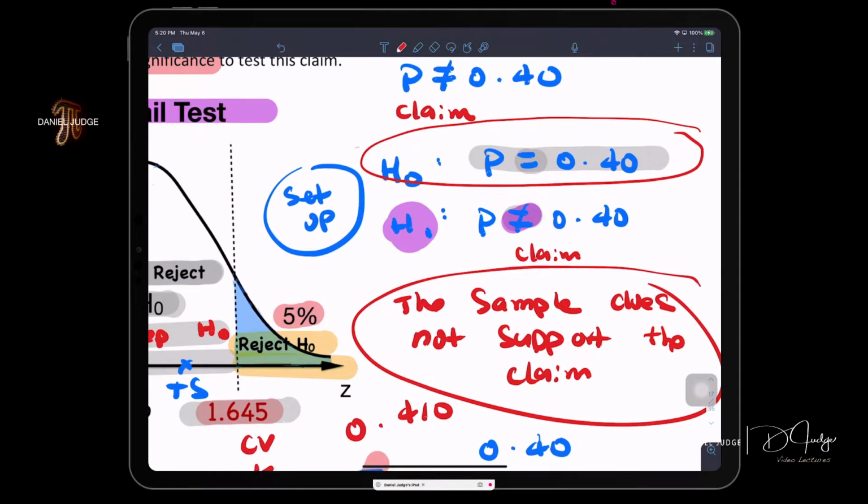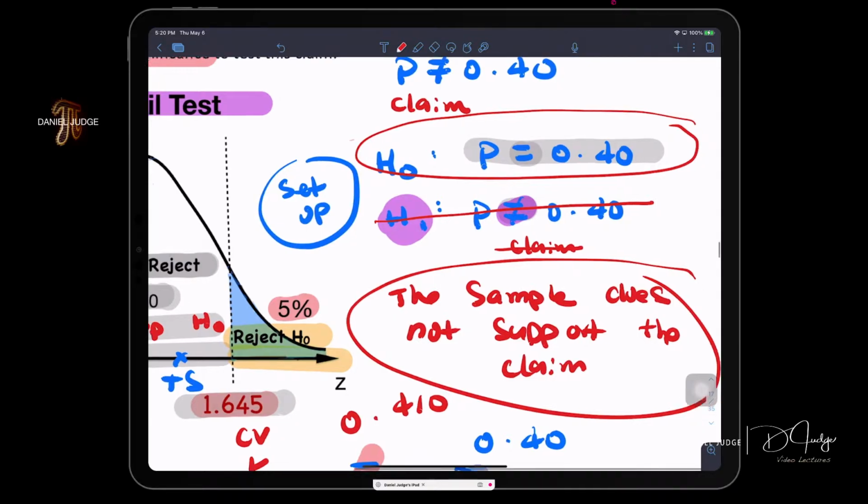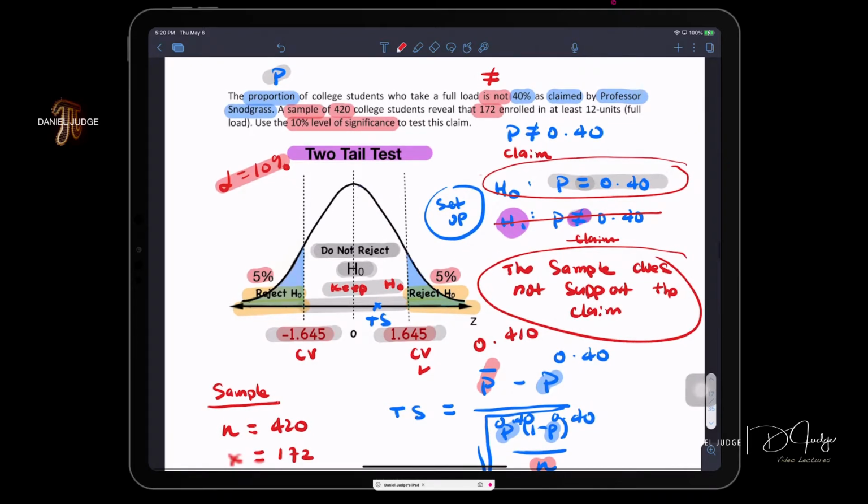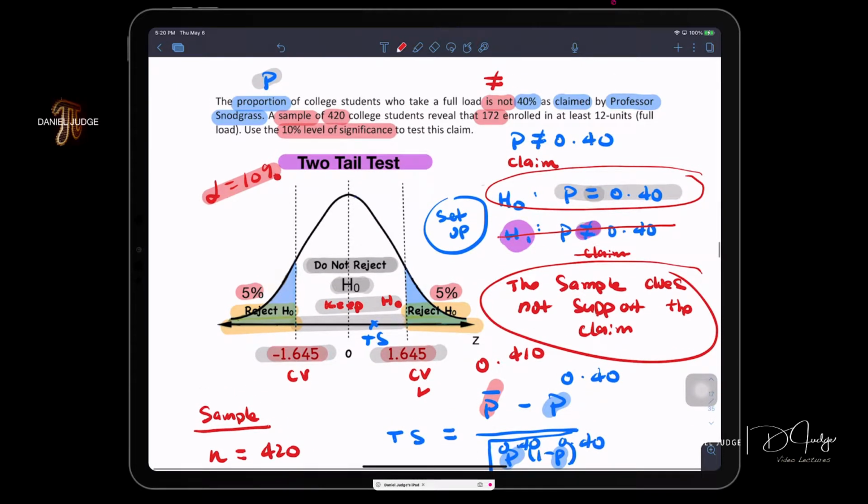Keeping the null means the alternate is out, and that happens to be the claim. That's why you label it. So here's an example where we say the sample does not support the claim, and that's counter to the example we worked on earlier, which is what you see in your notes.